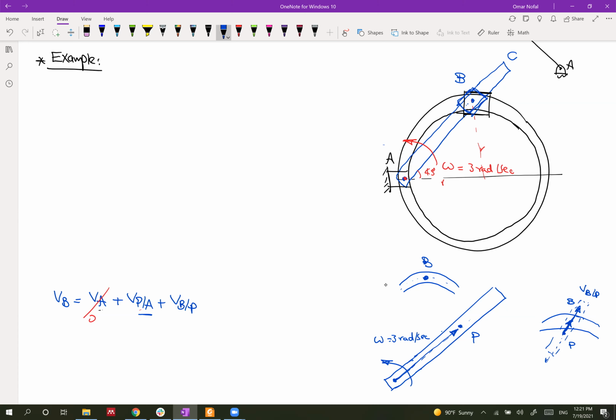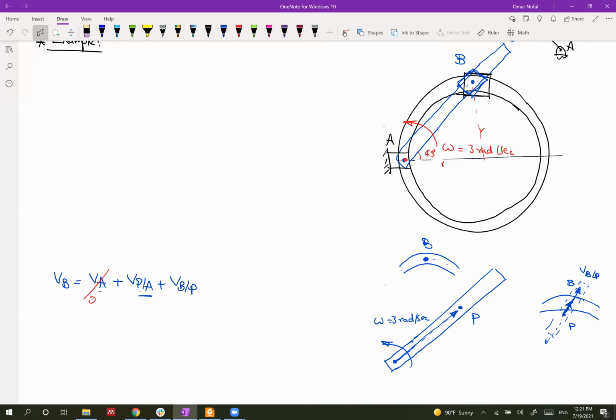So you will have to make some assumption, and if it's in the other direction, then our assumption is wrong. Okay, so let's solve this problem.